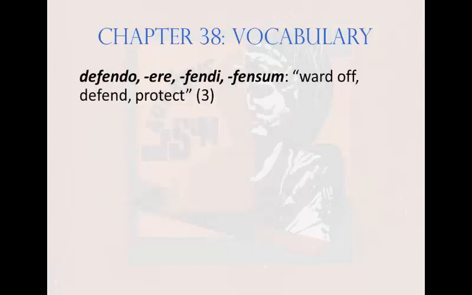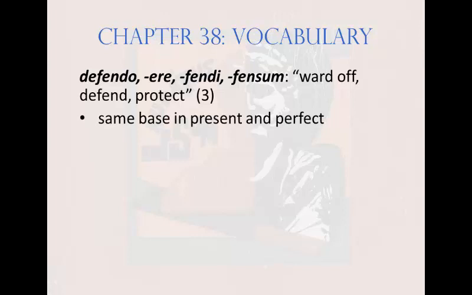Here's another verb, defendo, defendere, defendi, defensum, meaning ward off, defend, or protect. It's a third conjugation verb. Note that its base is the same in the present and perfect. And since it's also third, so its thematic vowel is I, some of its forms will look the same in these tenses. So what does defendit mean?